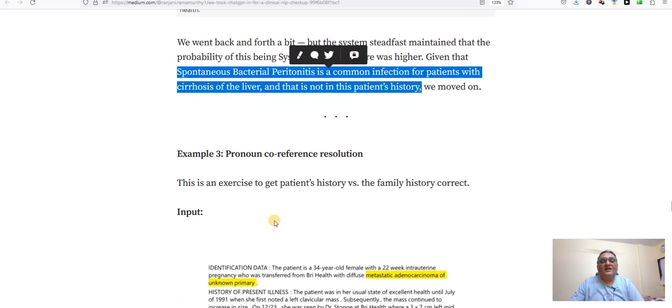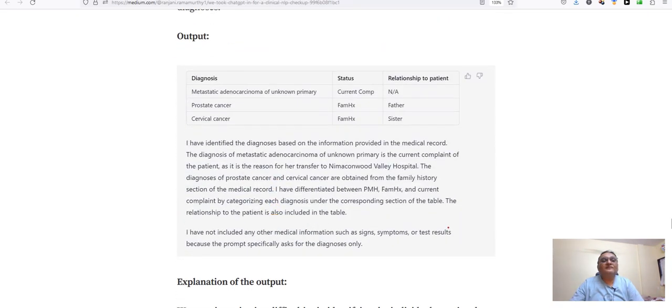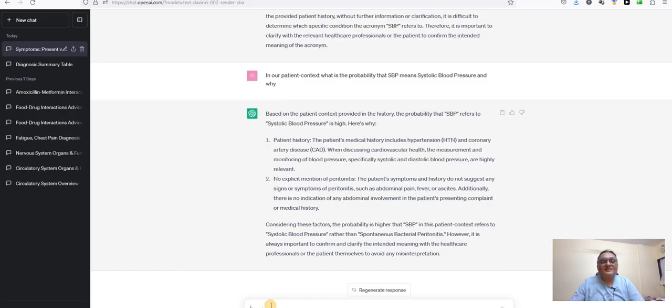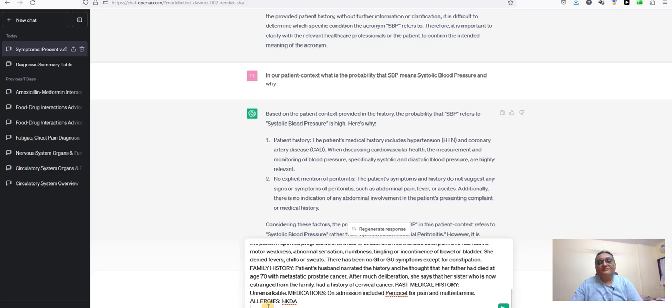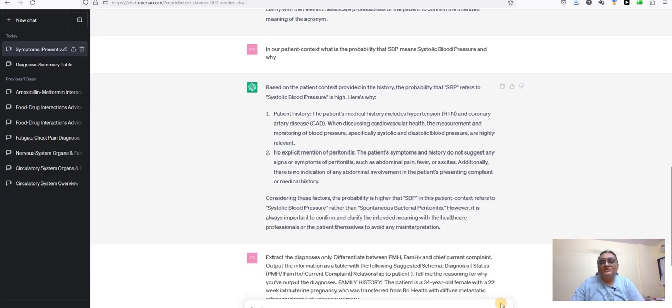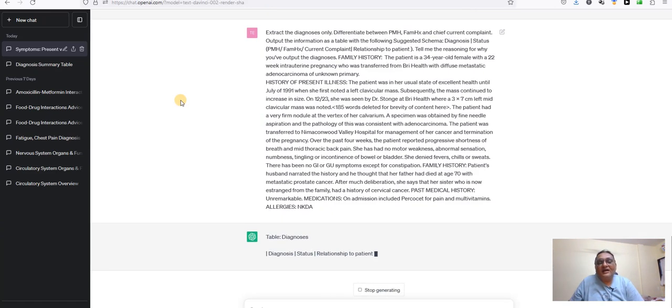Again, this is using ChatGPT as a clinical decision assistant, or as a tool which can help in diagnosing.